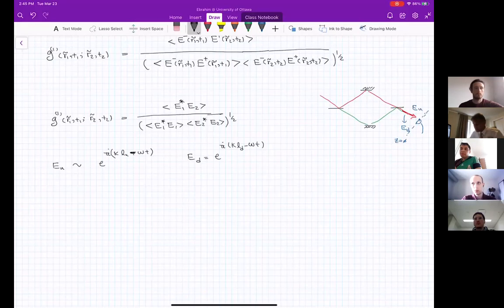Some people say that the starting point is at the given time of T, okay? When they arrive here, one of the fields is delayed.